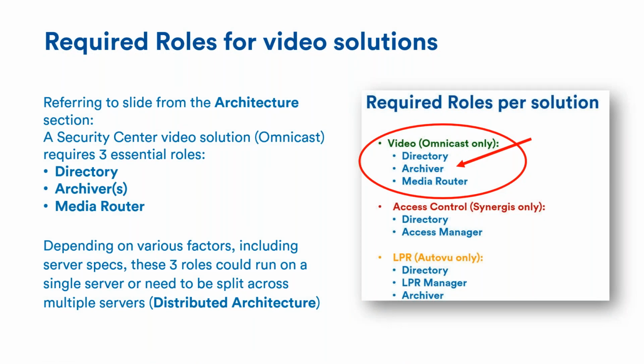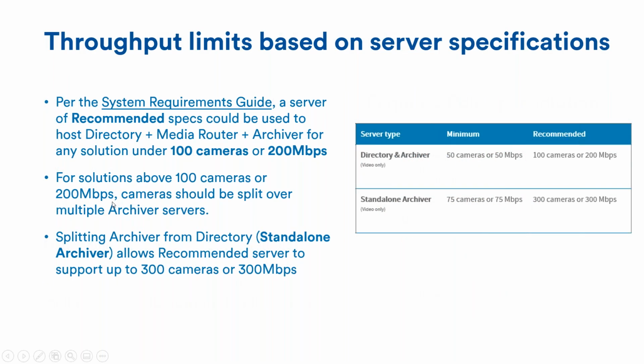So again, we already talked about this. The required roles for Omnicast are the directory, the archiver, and the media router. And depending on various factors, including server specs, these roles could run on a single server or need to be split across multiple servers, as we described in the distributed architecture example. Okay, so I'm not going to go through this again.